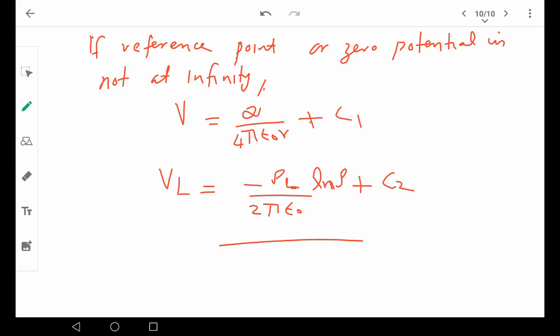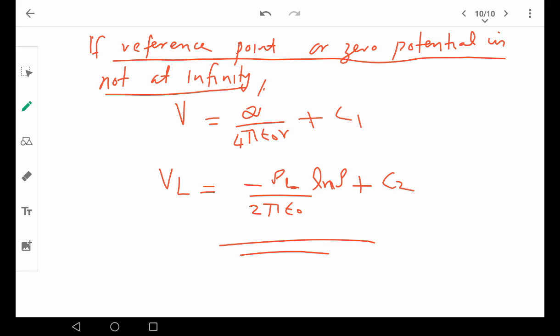You cannot choose infinity as the reference point, but some other specified finite point, so you have two constants, C1 and C2. They may be 0 or they may not be 0. Understand?